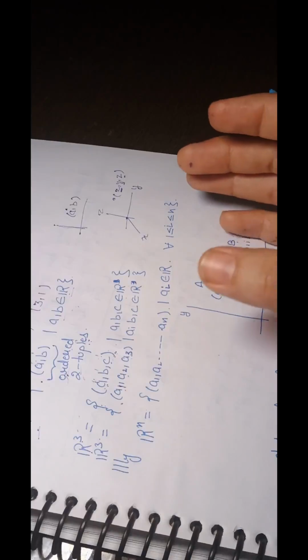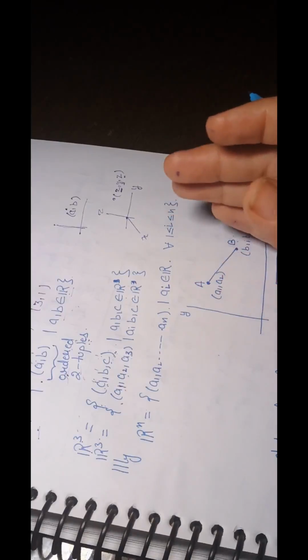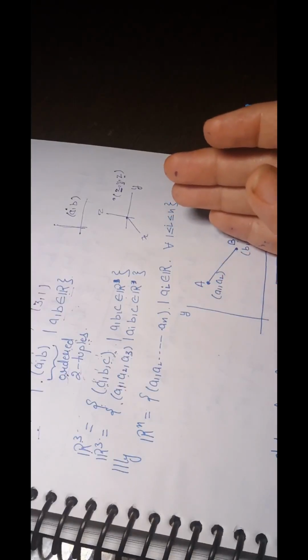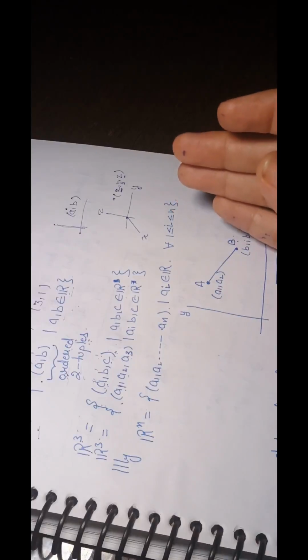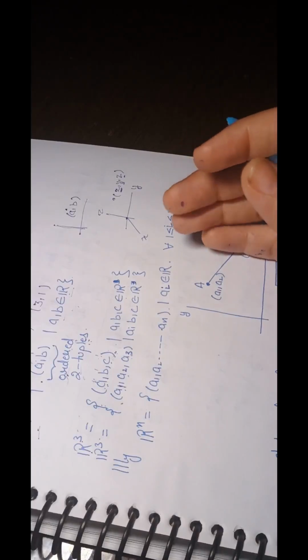This is just to give an identity to an element, to which coordinate it belongs to. So R3 is a collection of all ordered three tuples, say A1, A2, A3, where all these three numbers are from the real set.